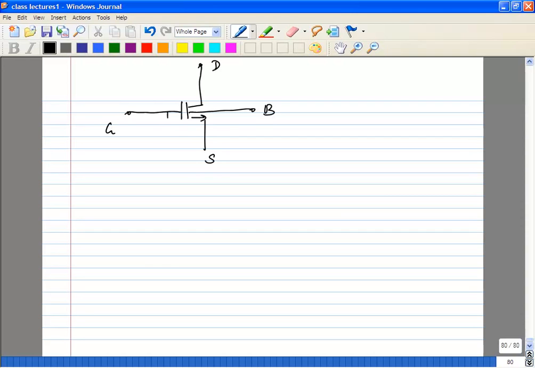So you have gate to source, gate to drain, CDB, CSB, and finally gate to bulk. These are the 5 capacitances we'll consider.